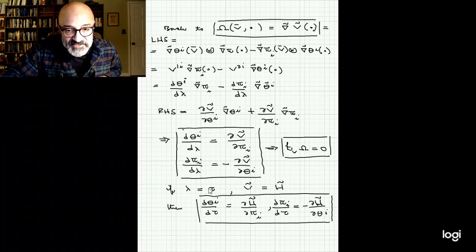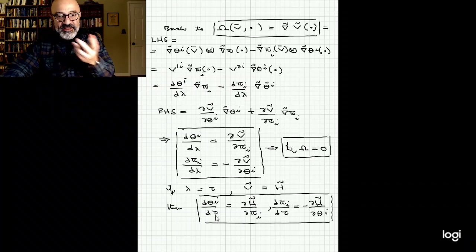Of course, nothing in what we have said here tells you how you know that lambda is time. Is any curve parameterized by a lambda the same as being parameterized by time? Obviously not. If you don't know what time is, how do you know what is the scalar that generates the evolution in time?